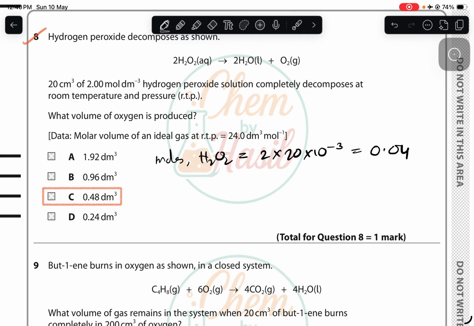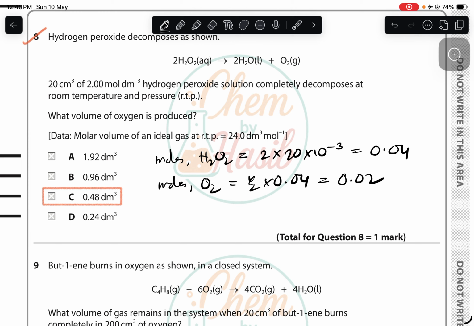Let me calculate. 2 into 20 divided by 1000. Yeah, 0.04. So the mole ratio of hydrogen peroxide to oxygen is 2:1. So you find the moles of oxygen, which is half of 0.04, divided by 2 gives you 0.02.